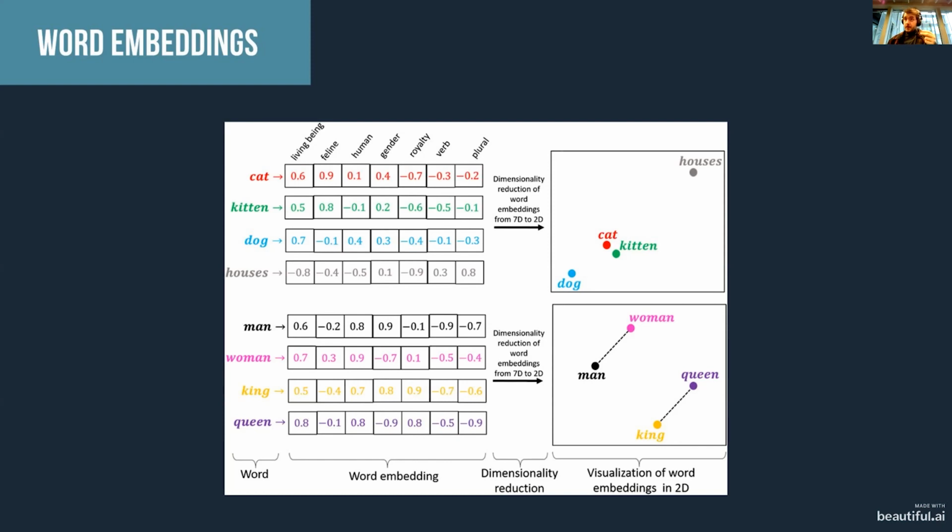And this computer, if it has a well-trained word embedding system, will give you the answer queen. You subtract the concept of maleness, let's say, and you add the concept of femaleness, and then the computer knows, oh, we are talking about a queen. It's quite amazing for me that a computer can do something like this, but it works.